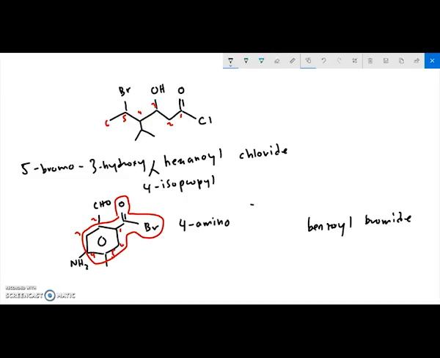Then we have the formyl, which is represented by the CHO, so this will become 2-formyl. And finally, we have 5-methyl. Again, we're going to arrange them based on alphabetical order. So the name will end up as 4-amino-2-formyl-5-methylbenzoyl bromide.